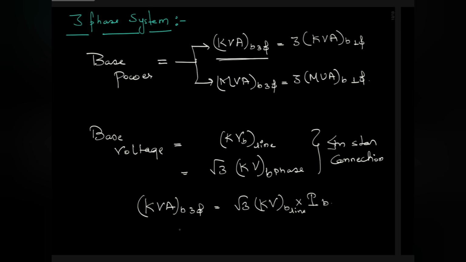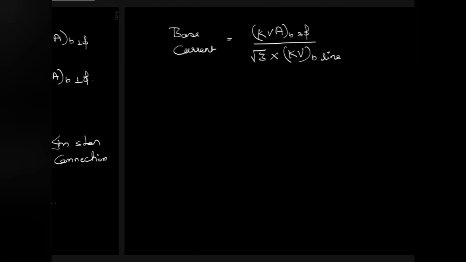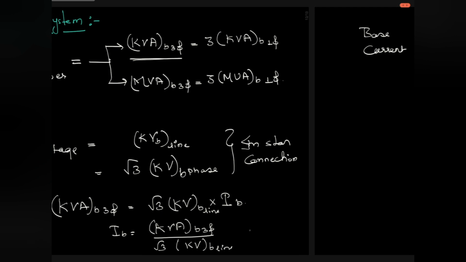Now if you write here line current, that is base current, then this will be kVA base for 3 phase divided by root 3 times of kV base. This will be line voltage. Okay, we always take line voltage. So according to this we got the base current.